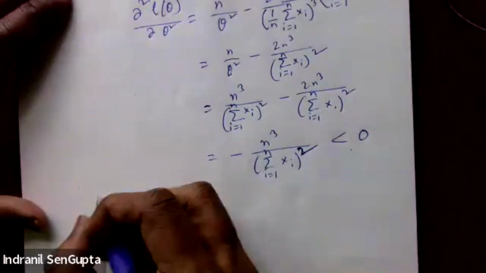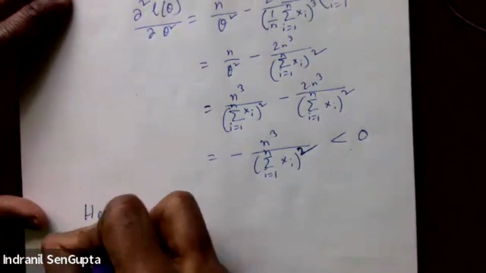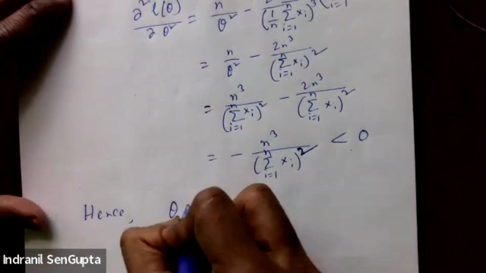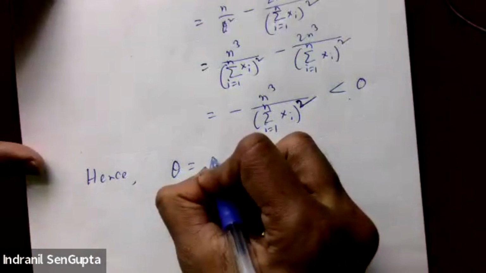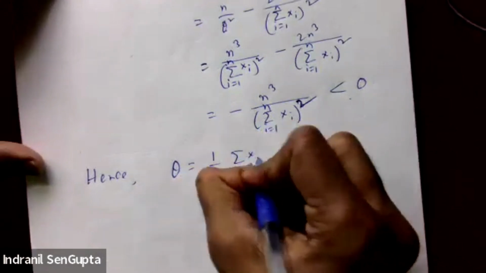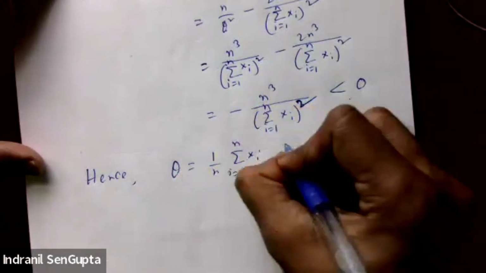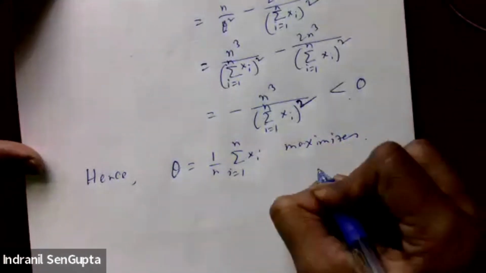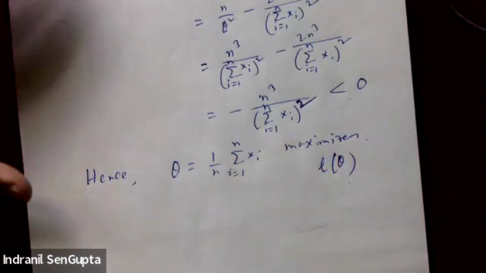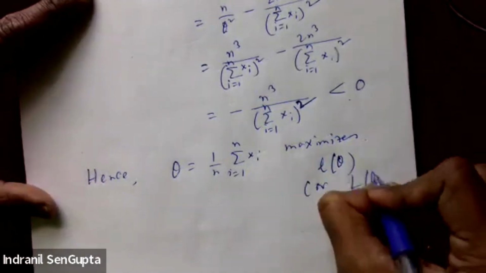So hence, theta equals what we found right here. It maximizes L theta, and in effect, big L theta.